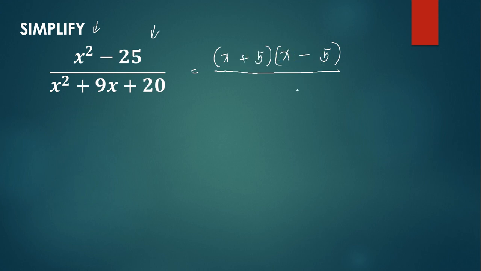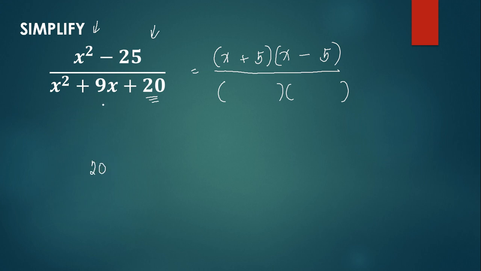For the denominator, this is a quadratic trinomial. So, usually, pag nagfa-factor tayo ng quadratic trinomial, two binomials ang sagot natin yan. Okay? So, paano ba uli mag-factor ng quadratic trinomial? So, ang gagawin nyo, kukunin nyo yung last term ng trinomial, 20.